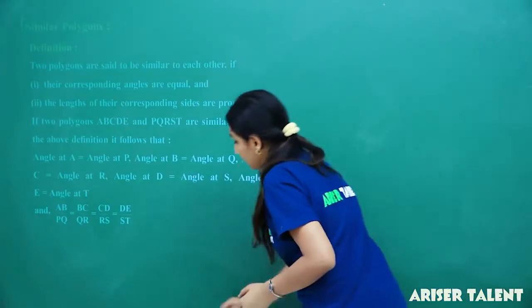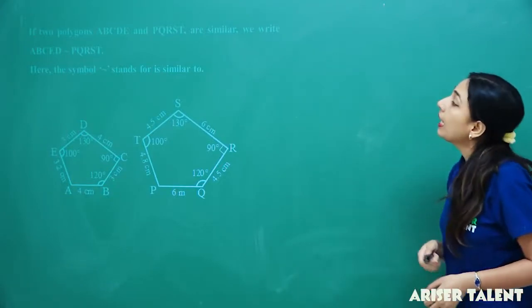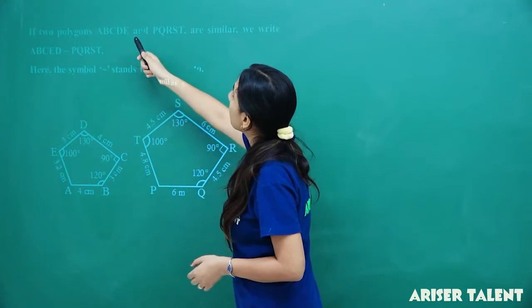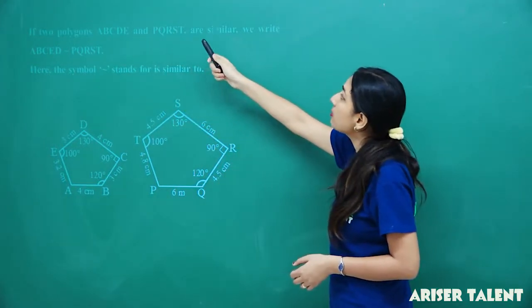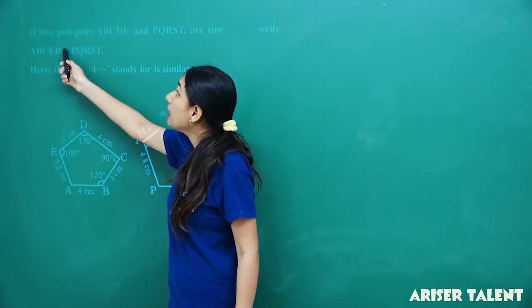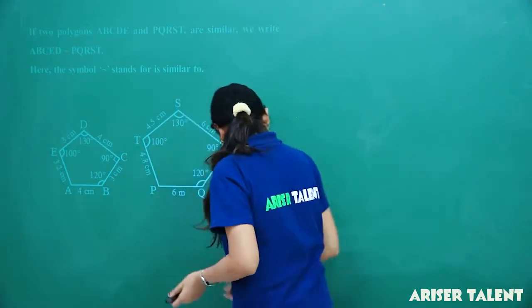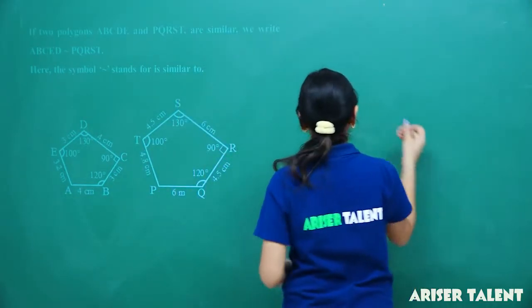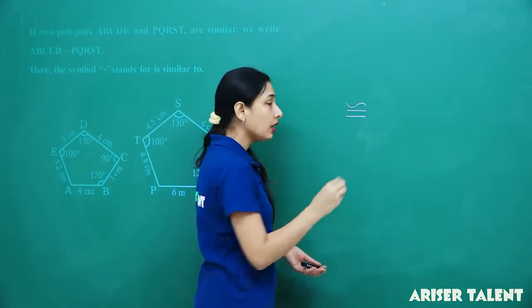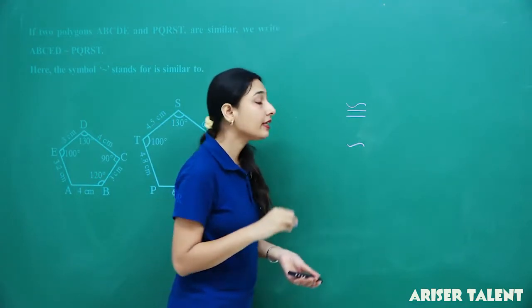Okay. Moving to the next. If two polygons ABCDE and PQRST are similar, we write ABCDE, and this is the sign of similarity. Earlier, that was the sign of congruency. Now, this is the sign of similarity.